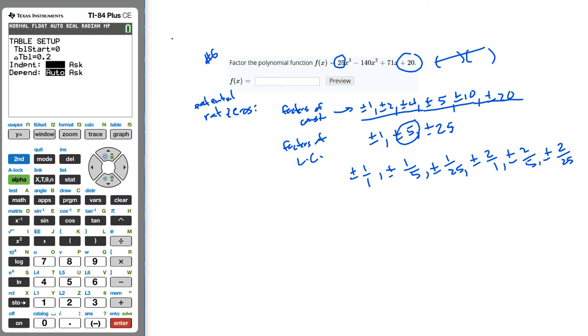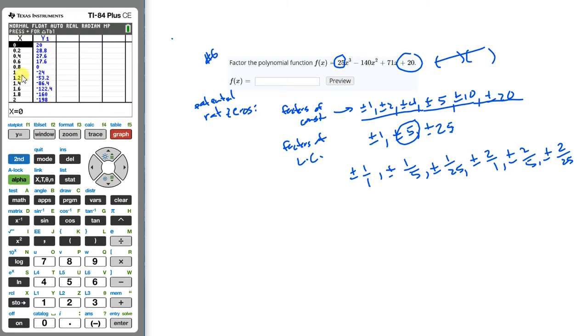Now if I generate a table, it's going to move by 1/5. This is 1/5, 2/5, 3/5, 4/5, 5/5, 6 over 5, 7 over 5, 8 over 5, 9 over 5, 10 over 5, etc. Now I'm moving by 1/5. Okay, oh, I found another 0. Look at that.